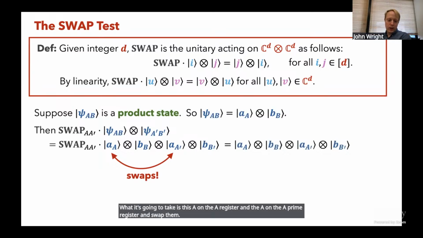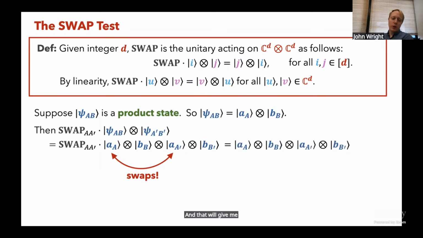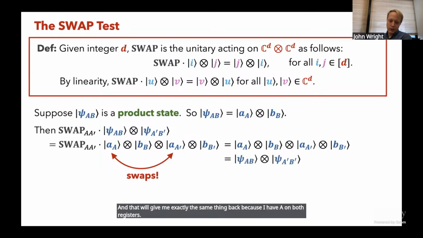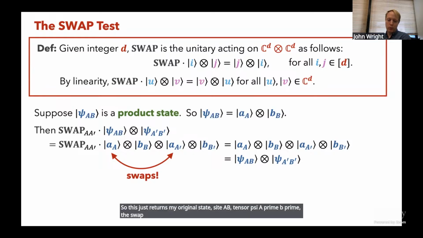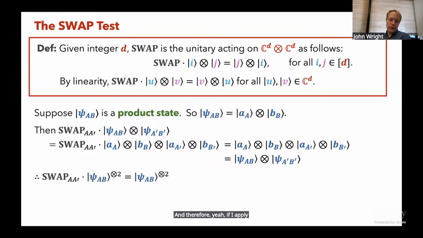And that will give me exactly the same thing back because I have A on both registers. So this just returns my original state psi AB tensor psi A prime B prime. The swap wound up doing nothing. And therefore, if I apply swap to two copies of psi AB, what I get back is psi AB.